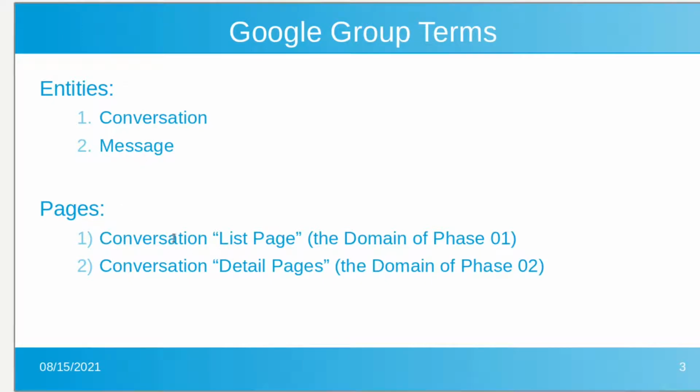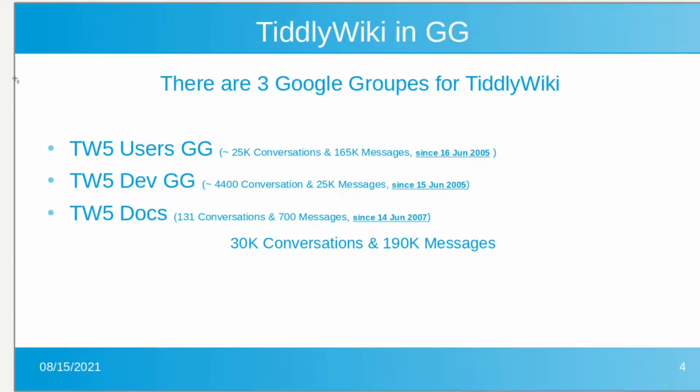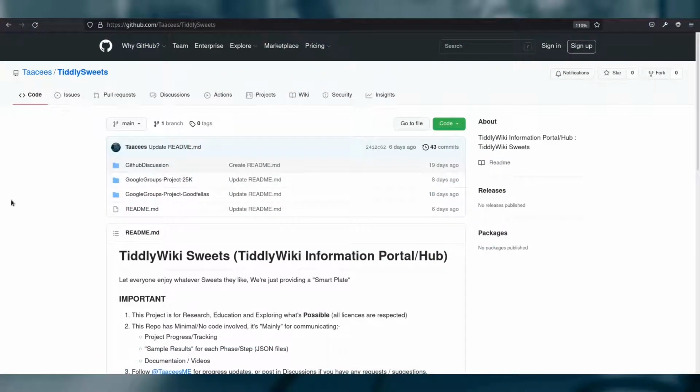There are two types of pages for the Google group: list pages, which list all conversations in one page, and a detailed page for the conversation. We will see them in a second. This is some number. Okay, let's go and see them live.